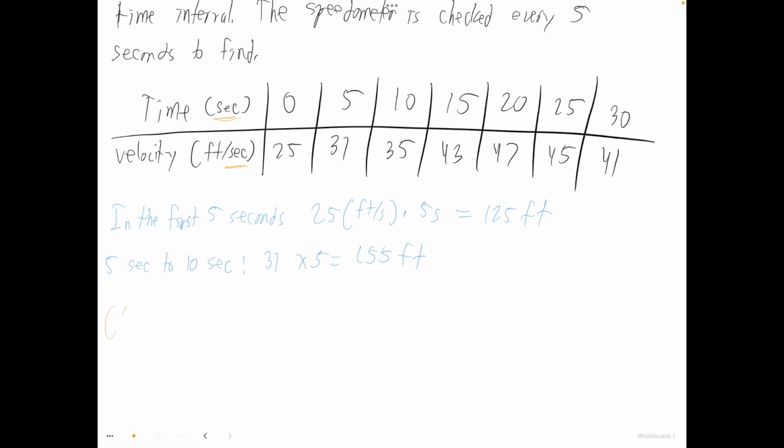So we're going to have 25 times 5 plus 31 times 5 plus 35 times 5 plus 43 times 5 plus 47 times 5 plus 45 times 5. We end at the 45 times 5 because that goes from 25 seconds to 30 seconds, and that's the ending period.